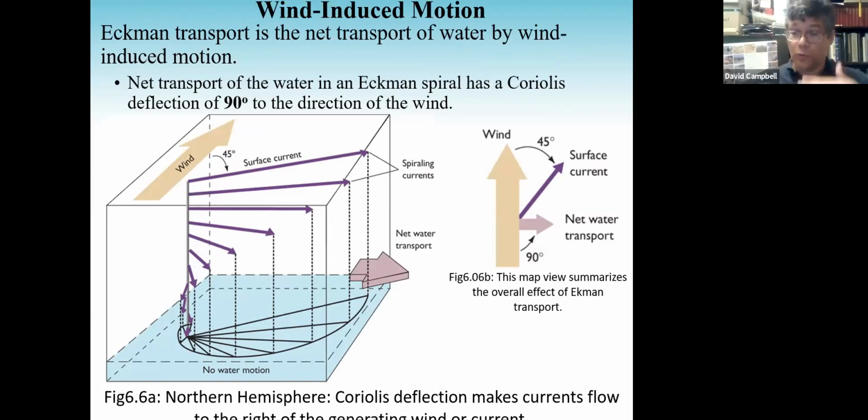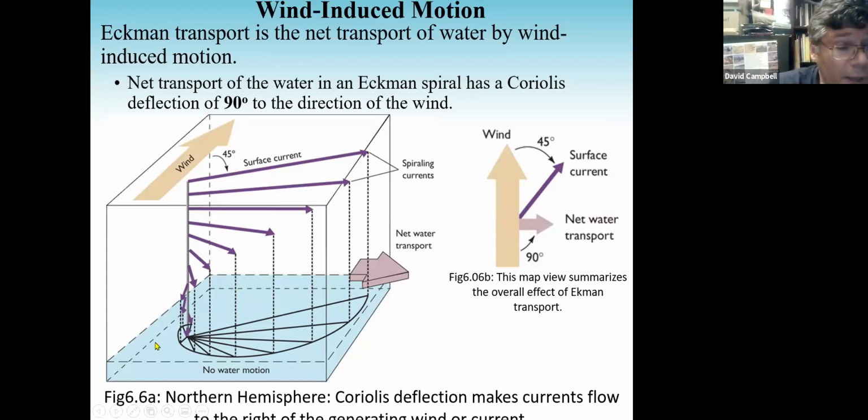Okay, go a little down. The current there is even further over to the right, more than 45, and not quite as strong. And so you keep getting a little deeper, a little weaker, and we form this shrinking spiral pattern, or Ekman spiral.